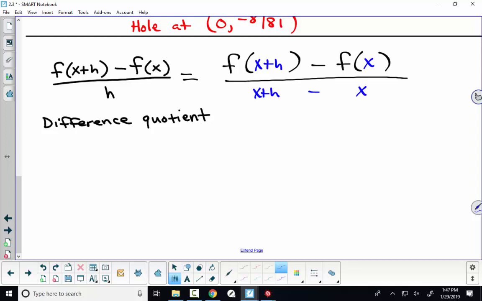So we just get h in the denominator, but we do have the change in x on the bottom, change in y up top. That's always going to give us a slope. So our difference quotient is the same thing as the average rate of change, is the same thing as the slope of the secant line. It's just the slope between 2 points.